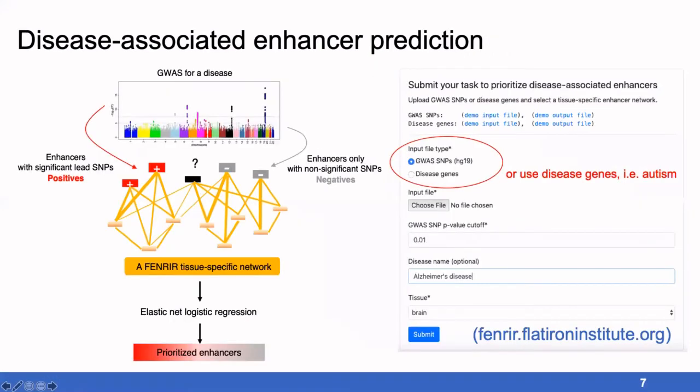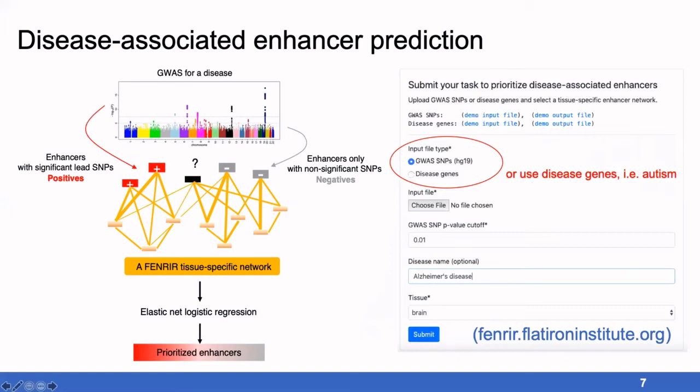And the goal is not just the network, because the network is the whole global picture. The goal is still to identify disease-enhancer associations. So we have a second machine learning method. Here, this is our network. If I have a good quality GWAS study, I can label those enhancers with significant GWAS hits as positive, and label the enhancers without significant GWAS hits as negative.